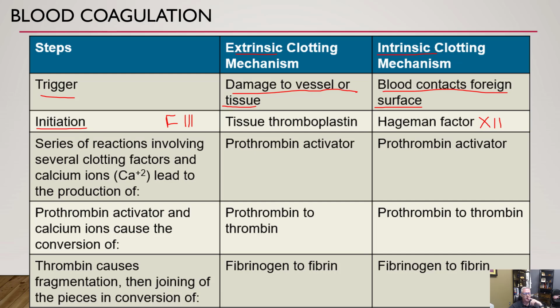All right. Calcium is vital to the clotting cascade. Calcium, vitamin K, very vital. There is a series of reactions involving the clotting cascade and calcium, leading to the production of prothrombin activator.